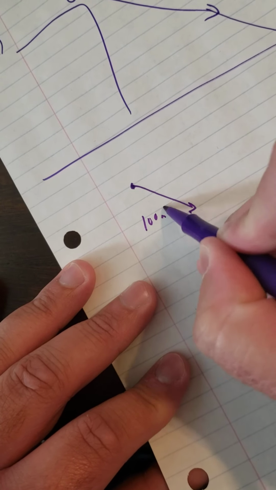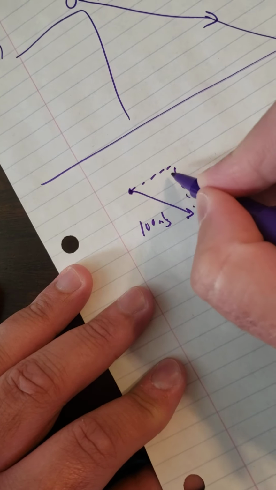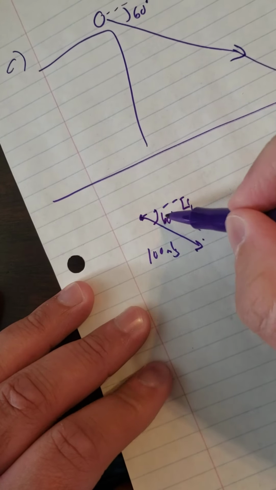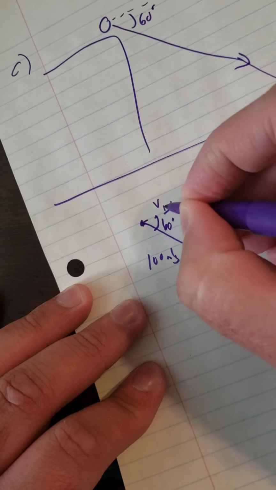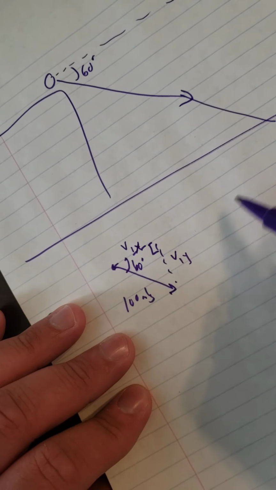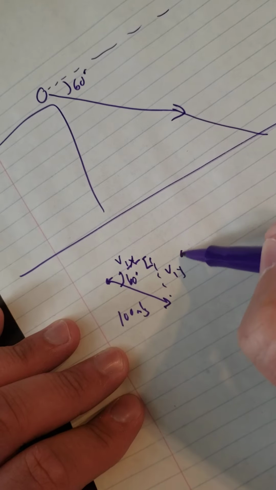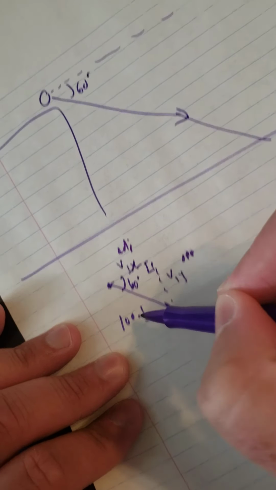It's still 100 meters per second, but when I draw my components, they're actually up here now. My right triangle I form with a 60-degree angle. My horizontal component will be right here. My vertical component will be right here. So again, if I'm looking at v1x, this is opposite, this is adjacent. So it's going to be adjacent over hypotenuse.